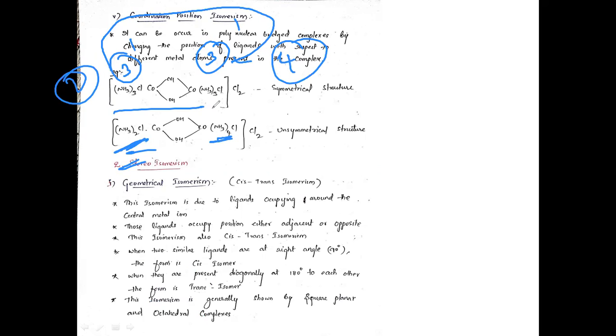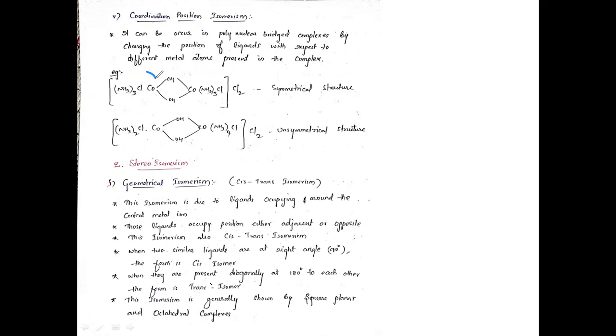The position of ammonia is completely different; first it is on this side, but here it is moving to the other side. So the position of the ligand is completely different. Hence such types of isomers are called position isomers or coordination position isomers, which you have to study in case of structural isomers.